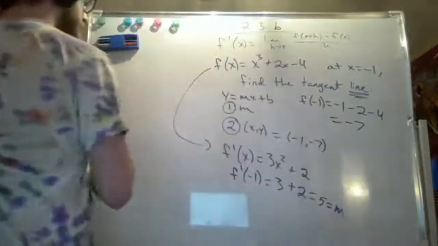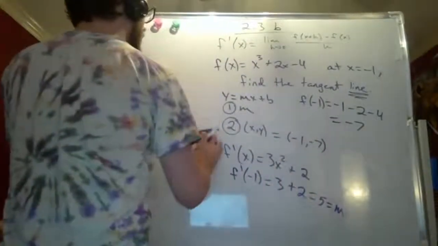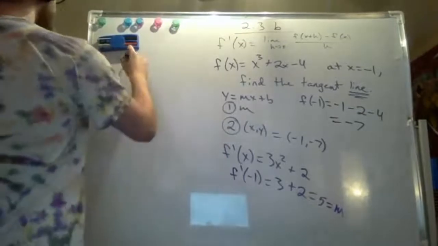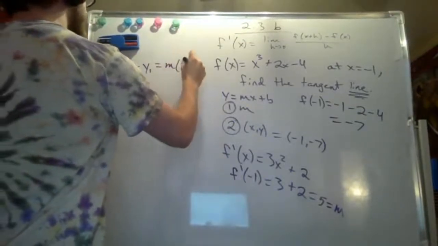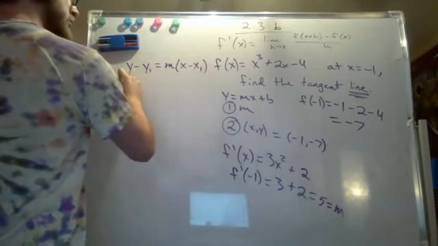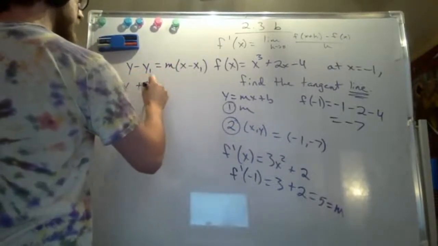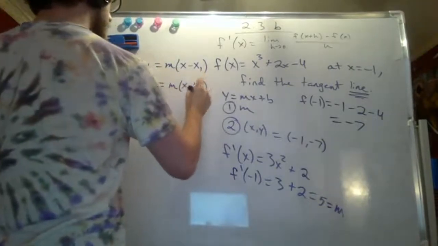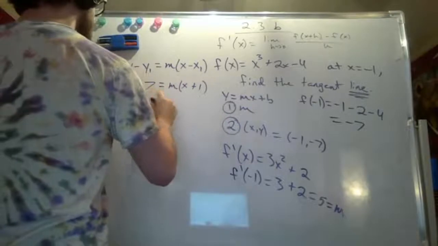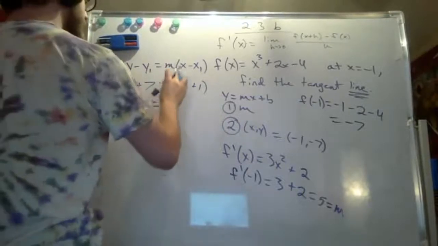There's my slope. And now all I do is plug it into the point slope form. y minus y1 is equal to m times x minus x1. So y plus 7 is equal to m times x plus 1. Or in other words, m is 5 here.